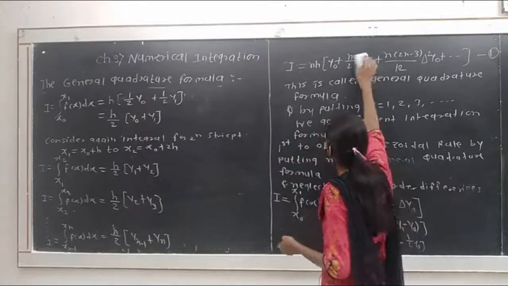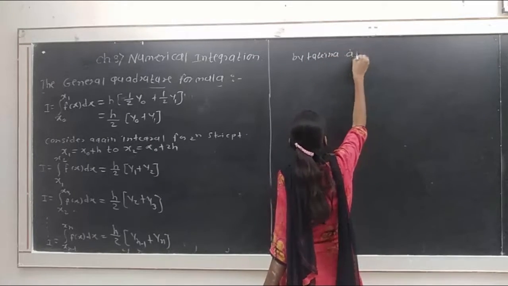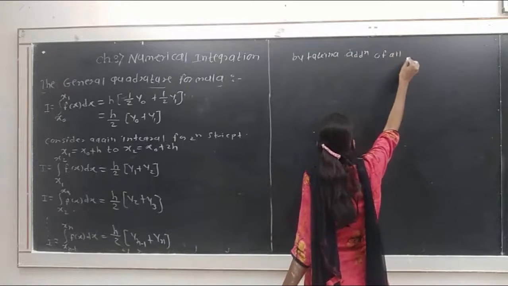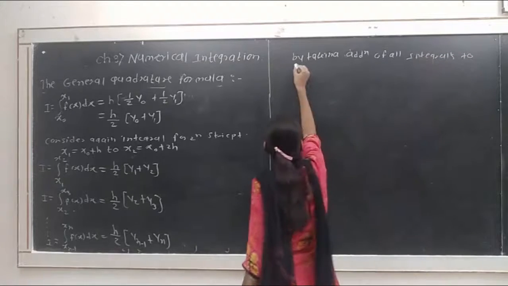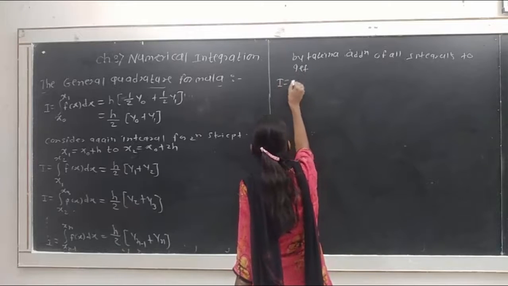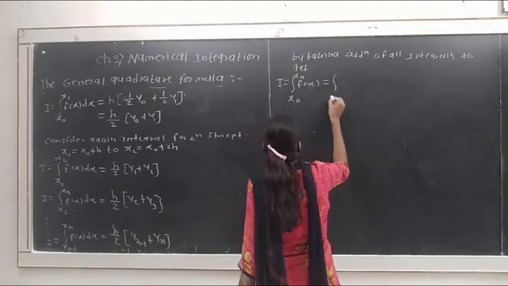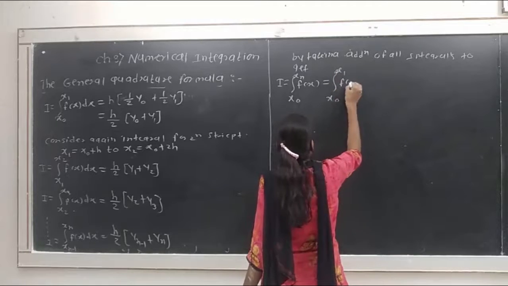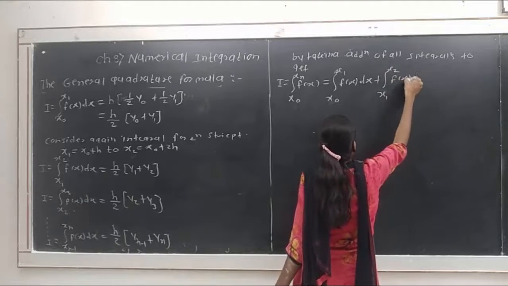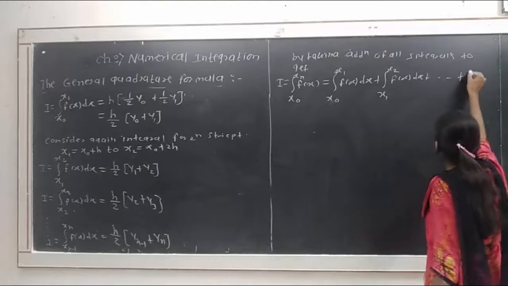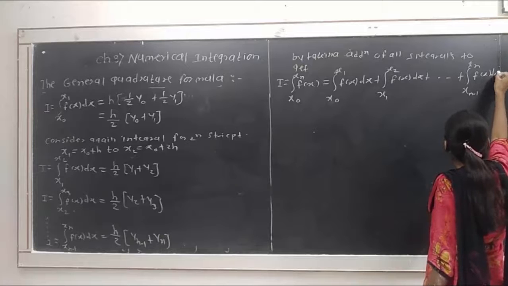Here we consider the length of the interval, that is taking addition of all integrals to get I is equal to integration from x0 to xn f of x dx, such as x0 to x1 f of x dx plus x1 to x2 f of x dx plus up to integration from xn minus 1 to xn f of x dx.